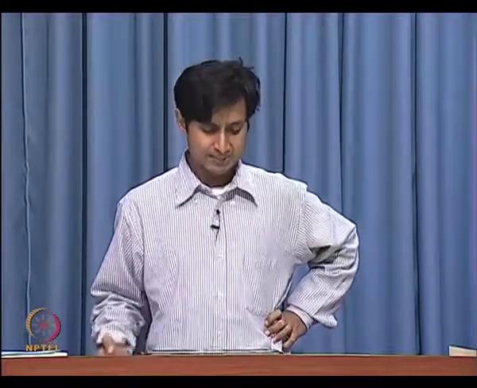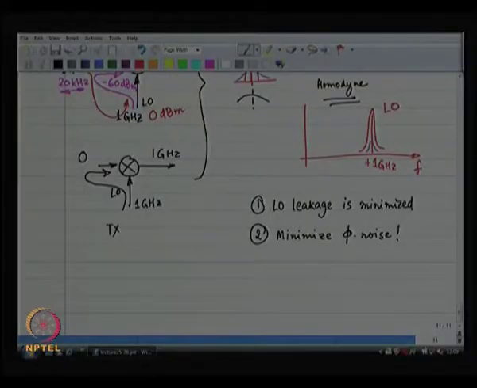What about in the transmit case? Same story. Local oscillator leaking into the DC. When the local oscillator leaks into the DC, I get the square of the local oscillator with some attenuation. Now, remember that the local oscillator is not a perfect signal.